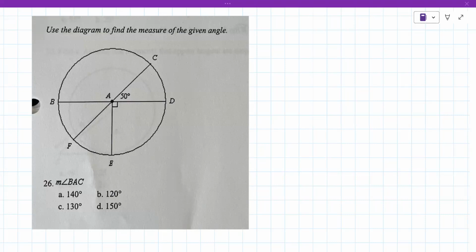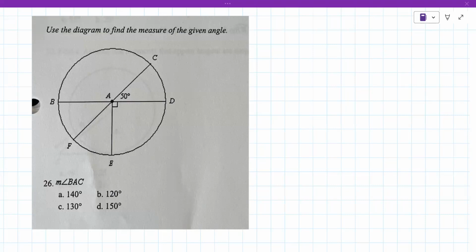That's always a good sign that maybe you're off if it's not there. Is it 130?